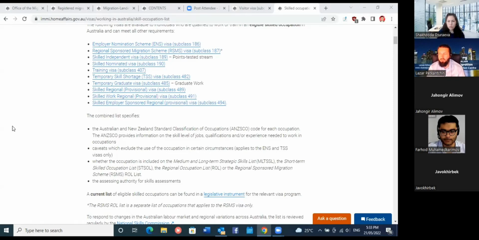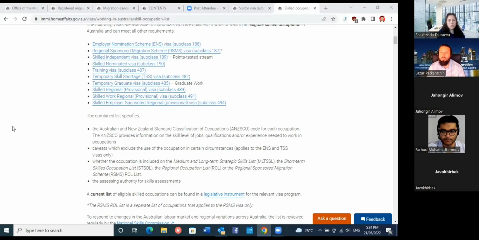So if a country is considered to be riskier, meaning if a person has a higher chance of visiting Australia and then working illegally without permission, or not wishing to go back home, then the chances of success if you apply for a particular visa might be less, right?